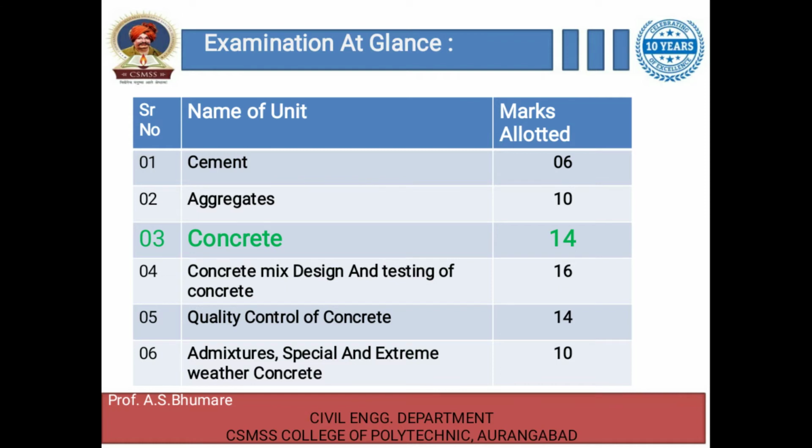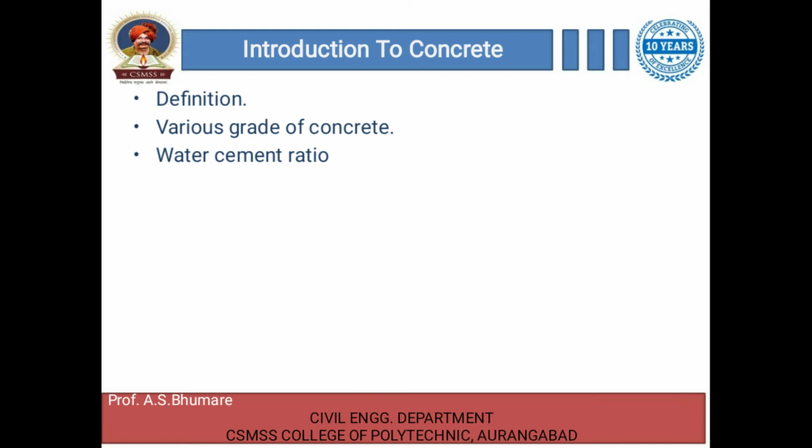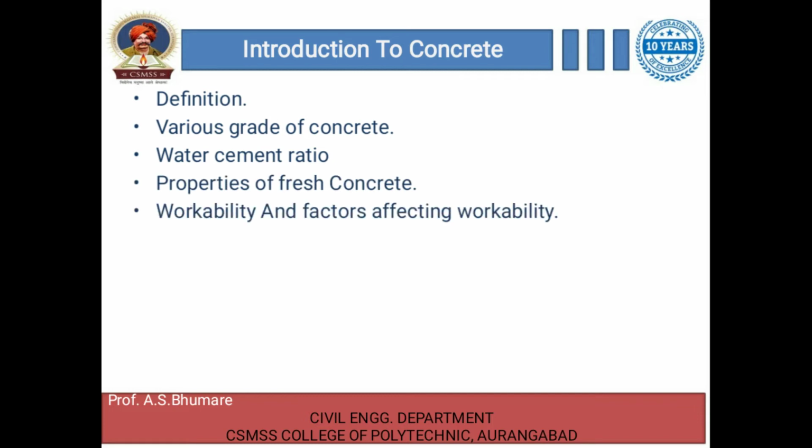This chapter or unit has 14 marks weightage for MSBTE examinations, and the chapter contains the following points: definition of concrete, various grades of concrete, water cement ratio and significance of water cement ratio, properties of fresh concrete, workability and factors affecting the workability, segregation and bleeding, concept of segregation and bleeding.